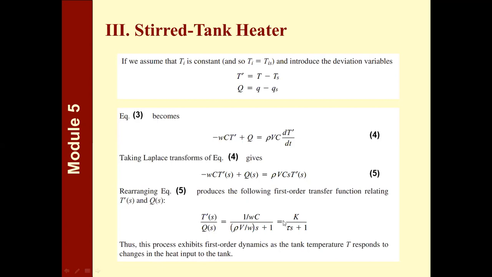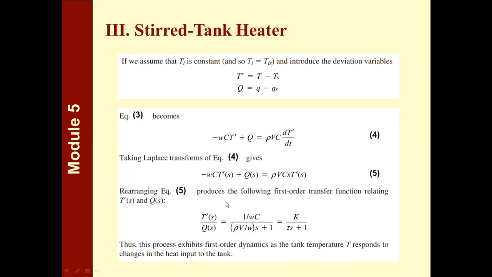This is your transfer function after you transfer this part here so you can group together the Q prime of s, and you divide the entire differential equation by WC to isolate the T prime of s on this side. That introduces 1 over WC in your numerator, which now represents the steady state gain for our stirred tank heater.